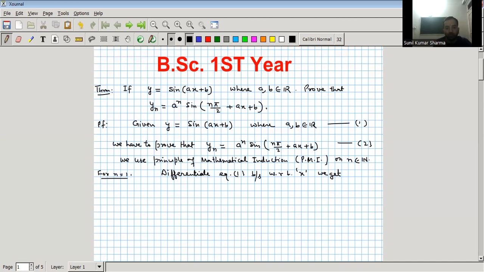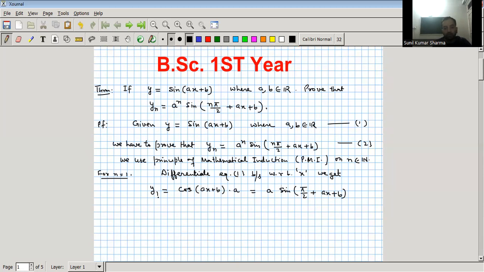So we differentiate equation 1 both sides with respect to x, we get y1. y1 is equal to the derivative of sine, which is cos ax plus b. Again differentiate ax plus b, we get a. So we can write this as a, and we know that sine of 90 plus theta is cos theta. So we can write this as sine of pi by 2 plus ax plus b.